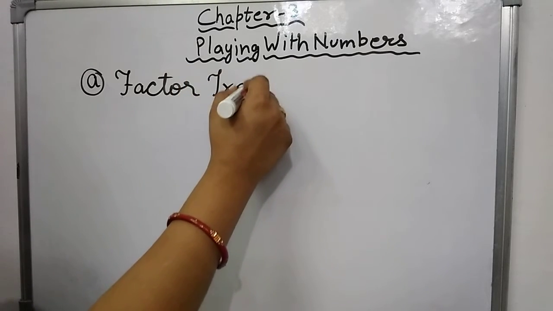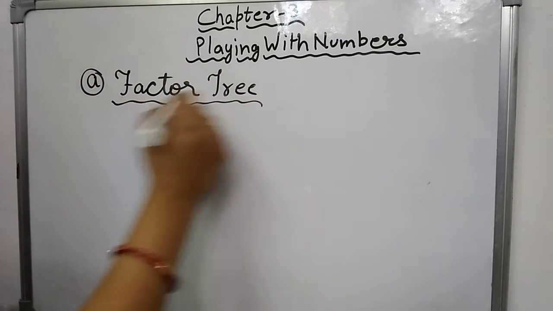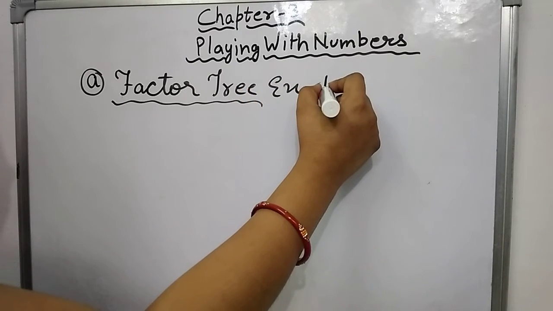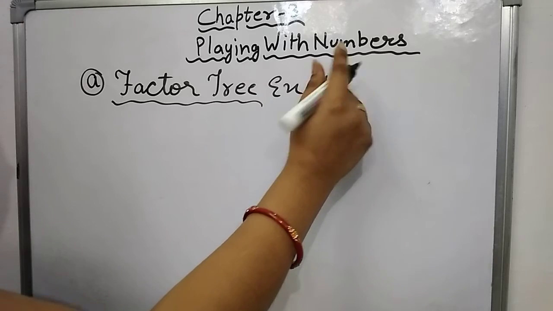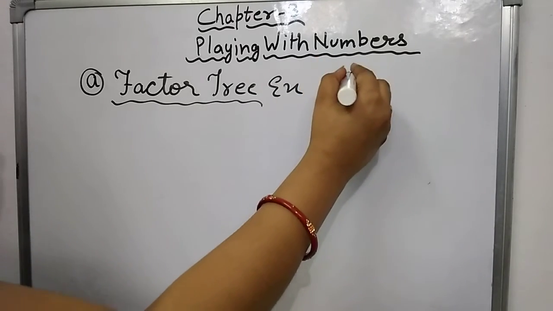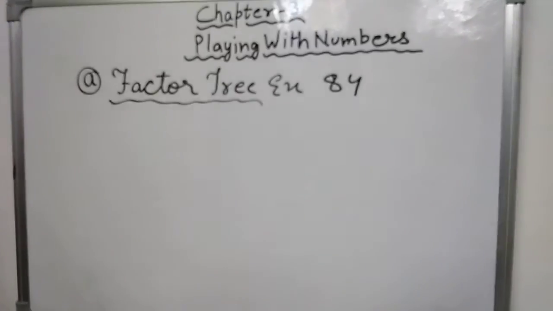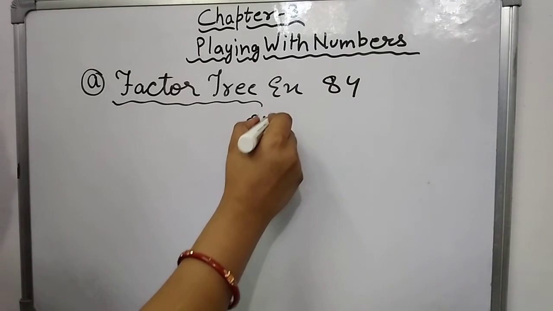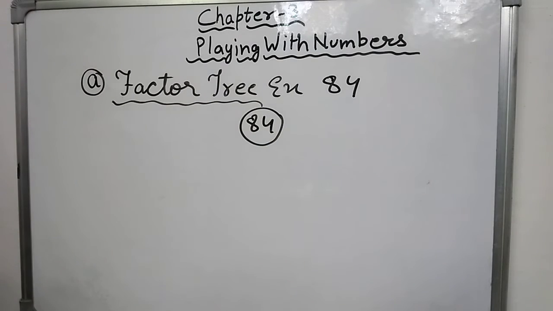So for an example, let's take the number 84. We will write this 84 as the first step, or as the top of this tree.